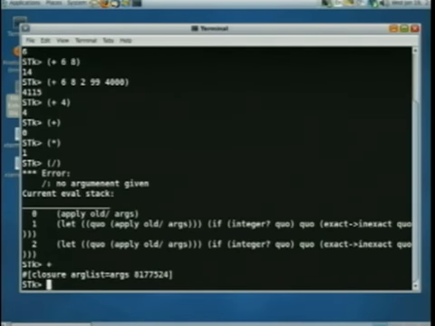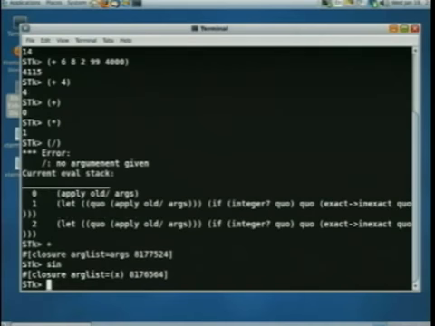The same as sine is a function. So is plus. OK? Good.